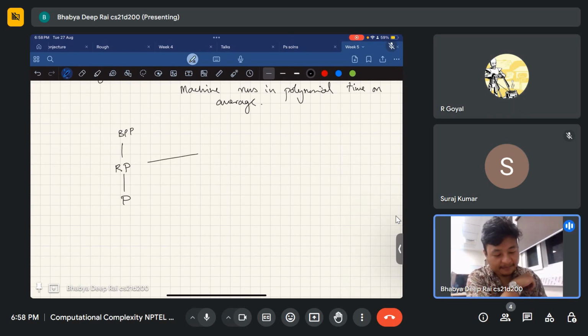Because RP is, if x is in L, then probability that it accepts is greater than half, and here if it does not belong, then probability that it accepts is equal to 0.